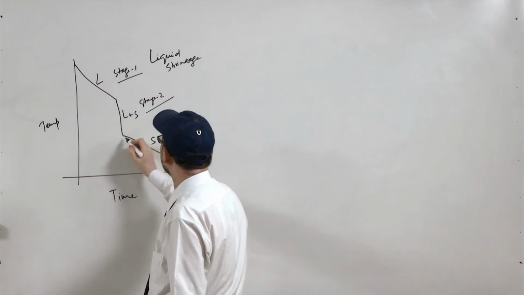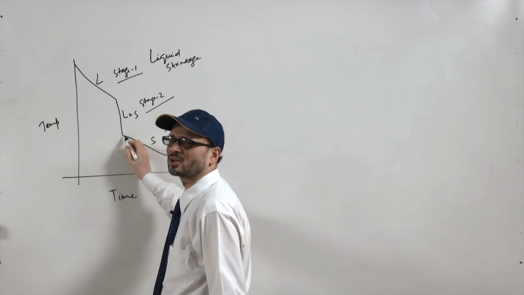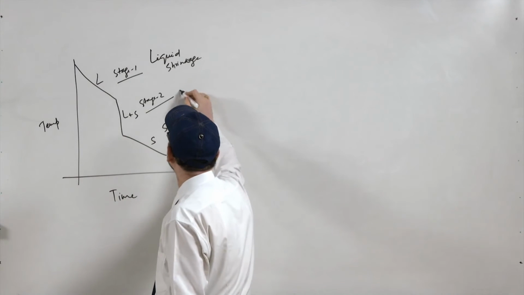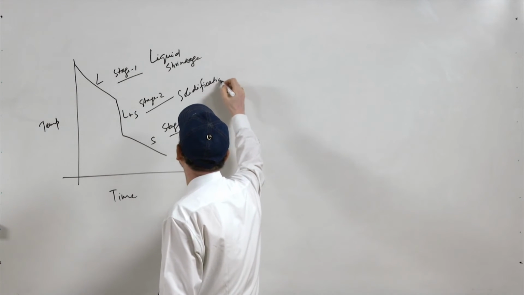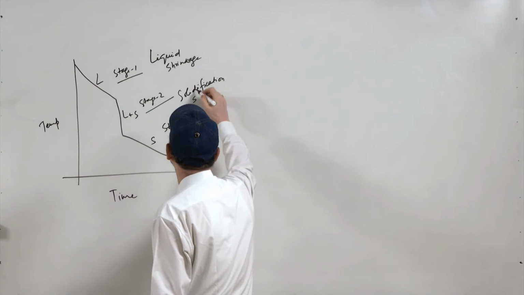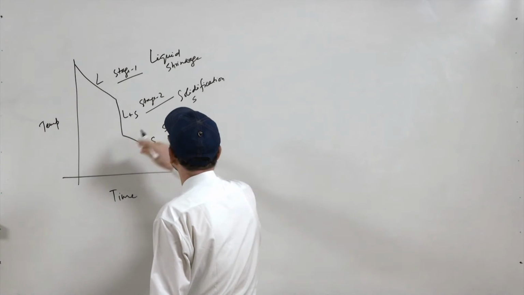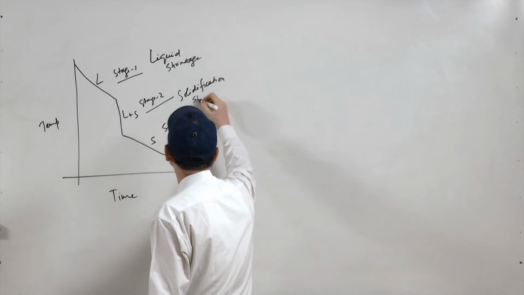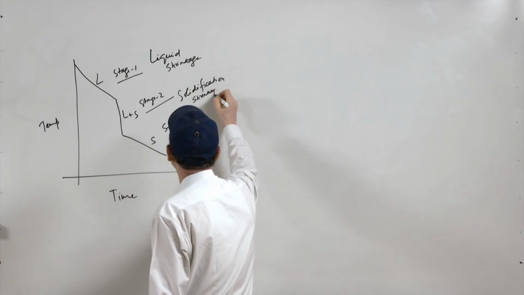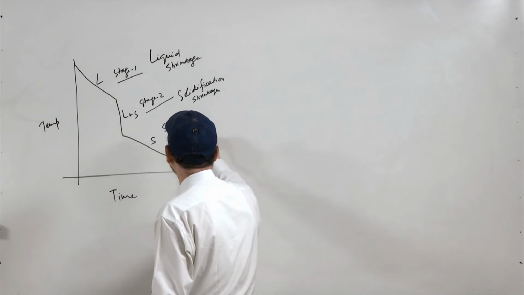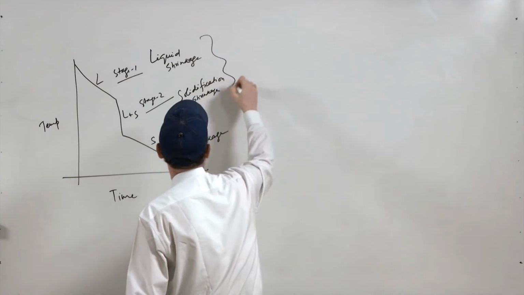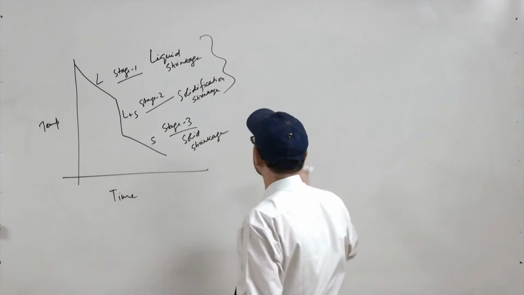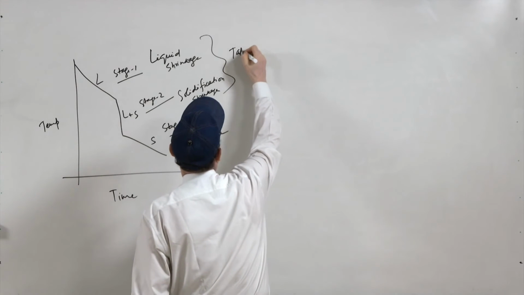From here to here, till the solidification is completely complete, this is solidification shrinkage, and once it has come to its solidus temperature, then coming to room temperature, it is known as solid shrinkage. The shrinkage between this and this is taken care of by the riser.